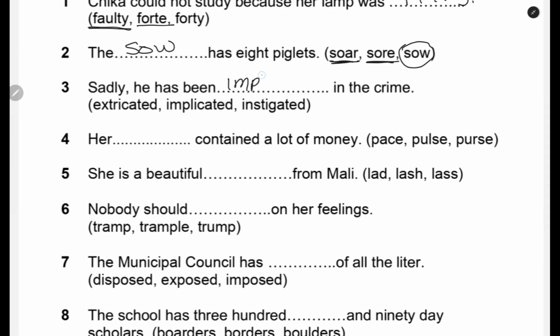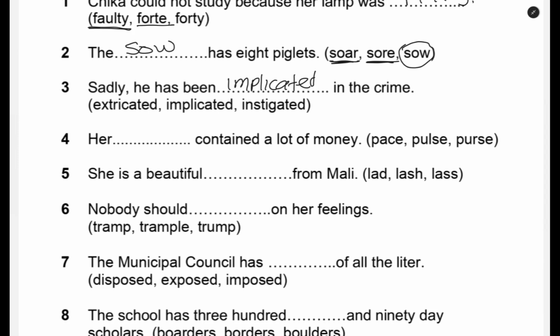Now we need to know why implicated is the correct one. What does implicate mean? Implicated means involved or connected to a crime or a wrongdoing. So when you have been involved or connected to a crime that has happened, then we say you have been implicated.